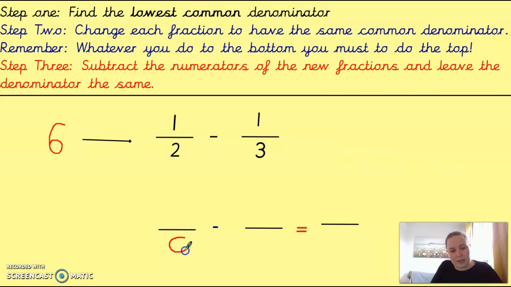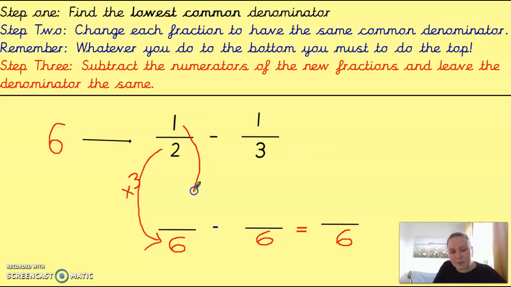Turn my denominators here into 6. I'm going to know that my answer is going to be 6 as well. And then step 2, change each fraction into having that denominator. So look at this one, 2 times what equals 6? Times 3.